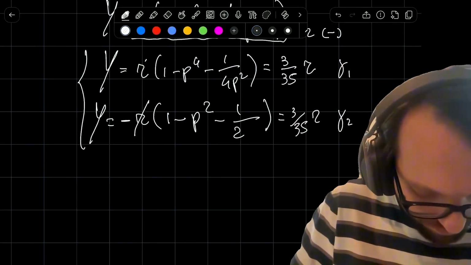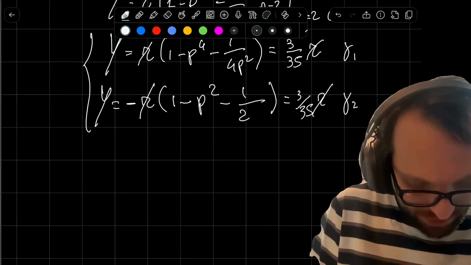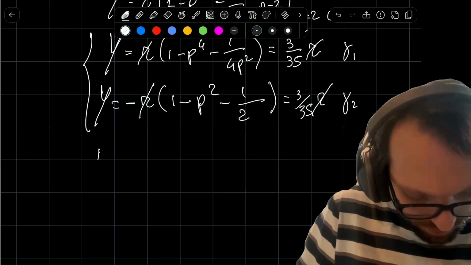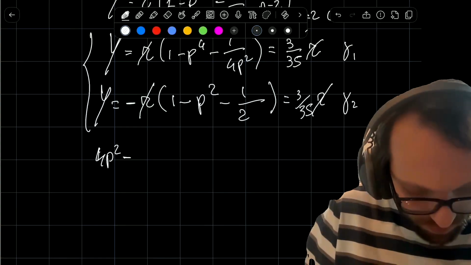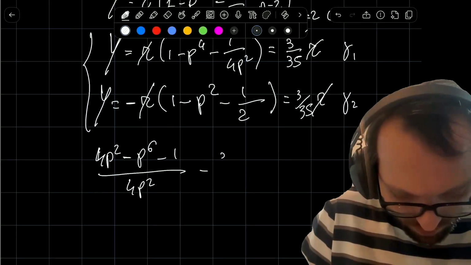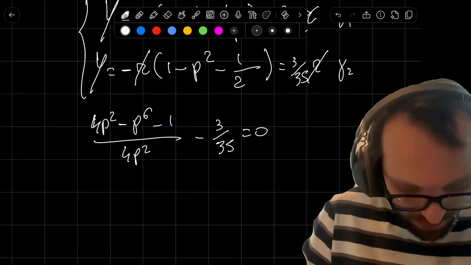We can simplify the r, and for the first one we have p^6 minus 1 equals 0.